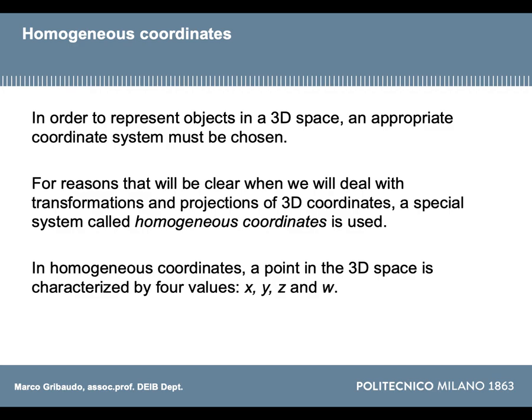But for reasons that will be clear in the next few lessons, in computer graphics the points in the 3-dimensional space aren't defined by just 3 numbers, but they are identified by a 4-dimensional coordinate system. So all the points we are going to put on screen will be characterized by 4 dimensions and not 3.